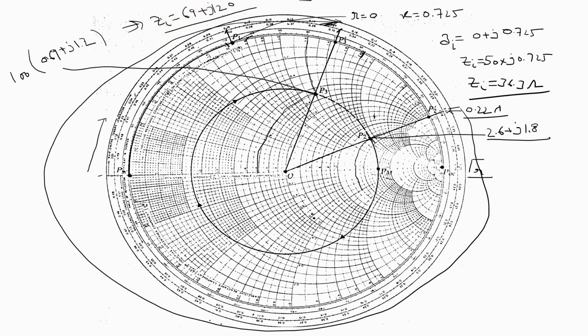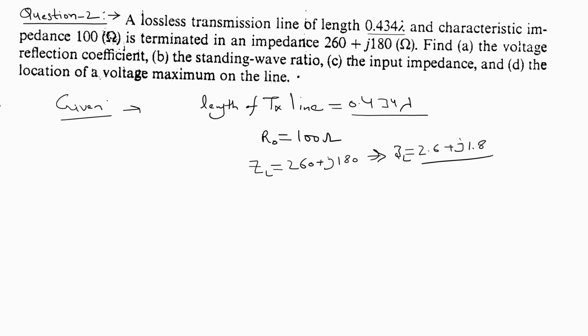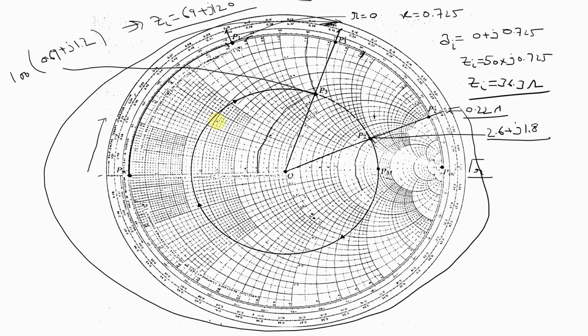Now we also need to find the voltage reflection coefficient. This is very easy. This axis will give you the voltage reflection coefficient. So put a scale here and measure this length. Let us say this is A and this is P short circuit point here.